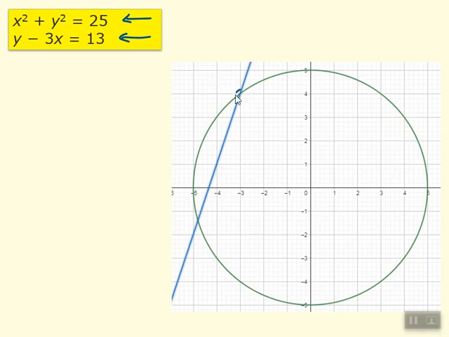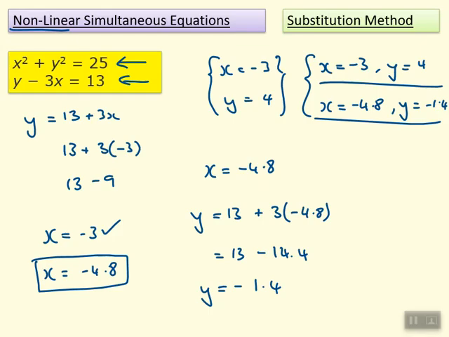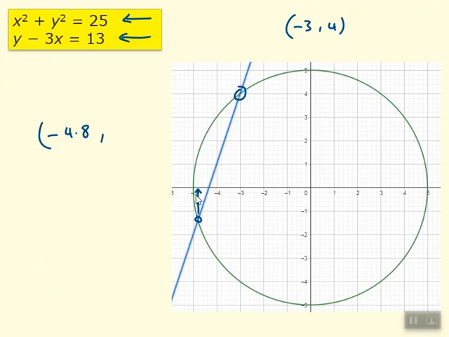They intersect at the coordinate -3, 4. Shock. And then the other one, if you look at it very carefully, the x value is -4.8. And the y value is, I can't actually read that. It's -1.4.